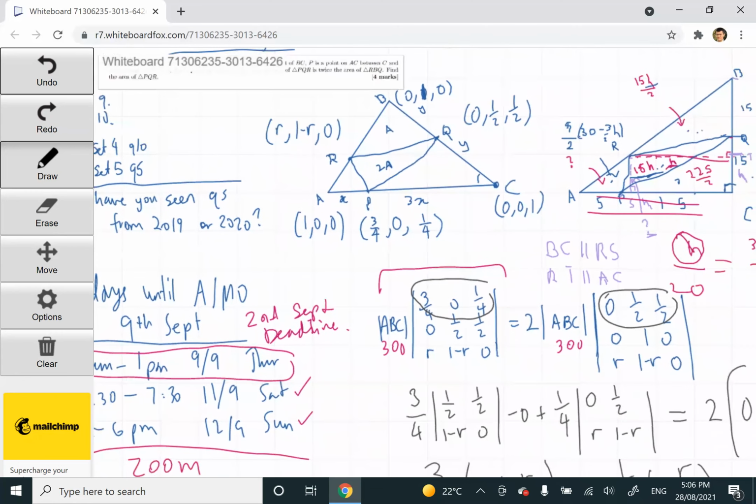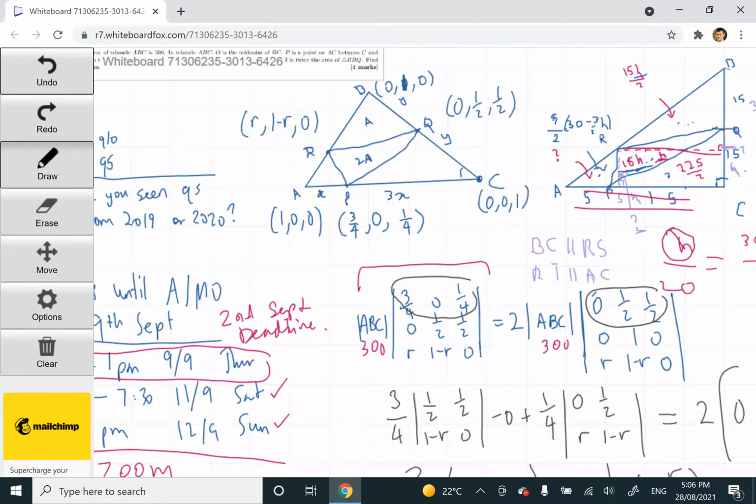And here it's 0, half, half; 0, 1, 0; R, 1 minus R, 0.